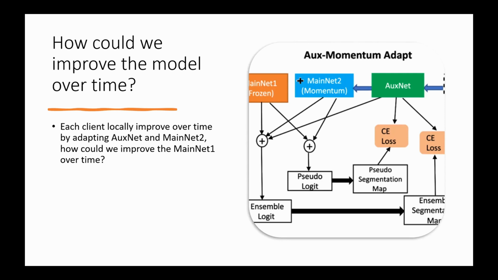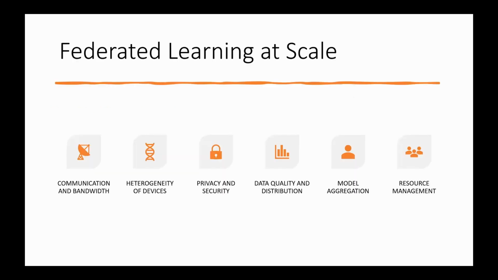In order to retrain mainnet 1, I may have to do some semi-supervised type of learning on some data that I have at hand, and then redeploy this mainnet. But of course, what really happens falls within the region of federated learning, whereas I'm sending some models in some process, maybe not as straightforward as a simple averaging that happens there in the server, but then I have to do the federated learning.